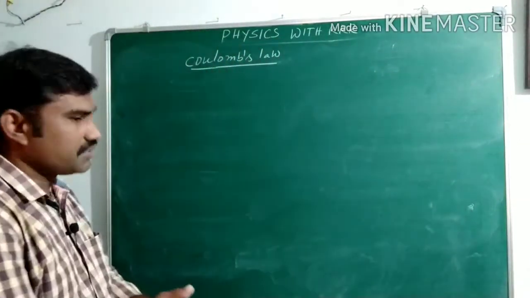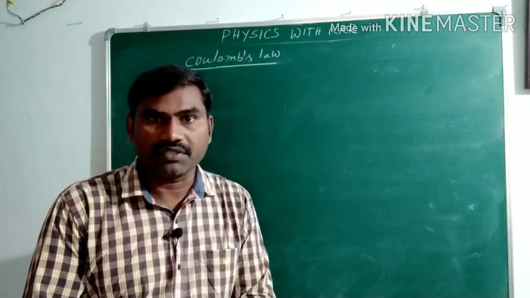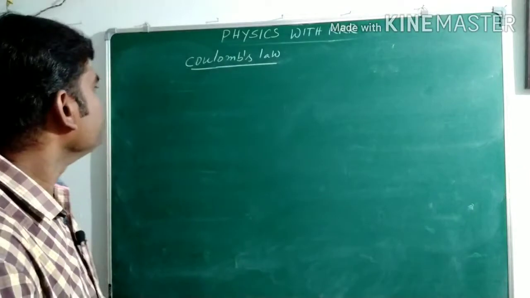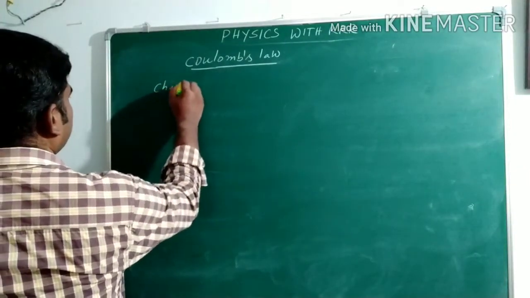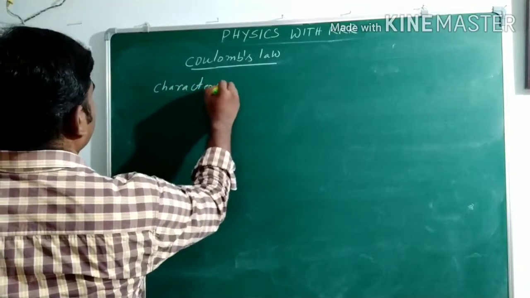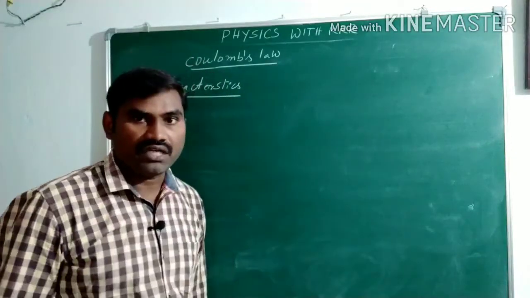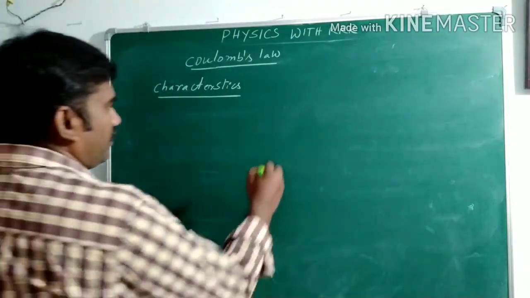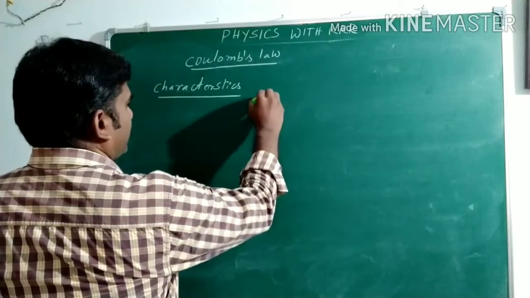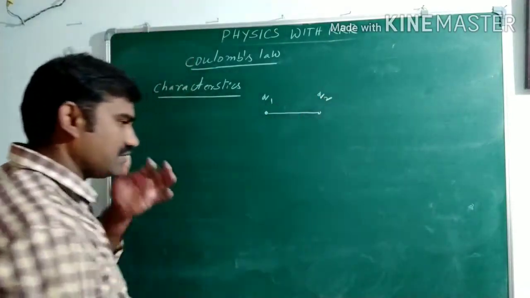Now, Coulomb defined the force of attraction or repulsion between the charges. Now what are the characteristics of electrostatic force between the charges? Now here as we have taken, this is Q1 charge and this is Q2 charge, like charges.